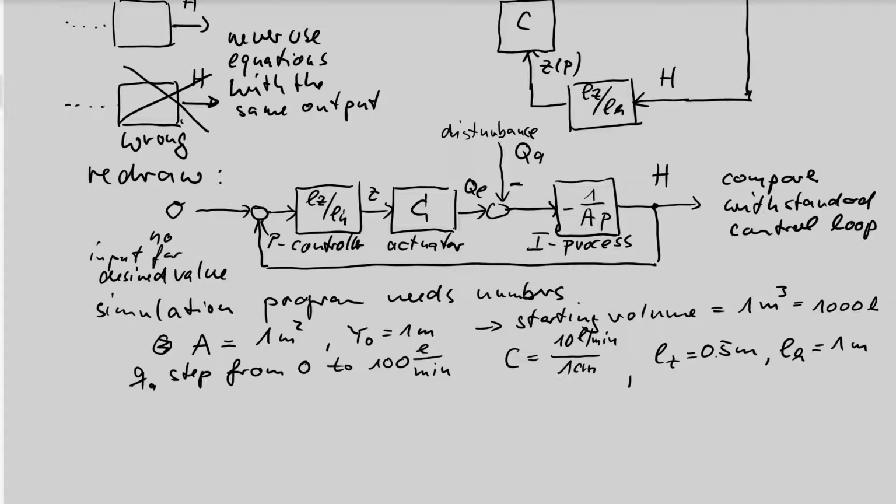So simple numbers, simple units. The only thing we have to do is in our program, of course, we have to decide: time base is minute, 1 minute, and distance base is in meter.